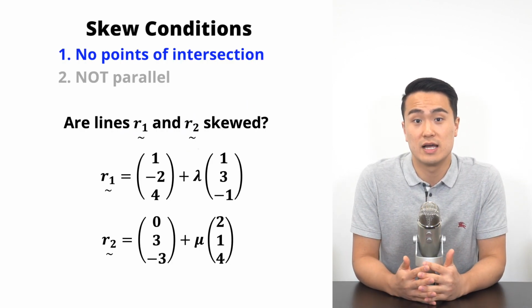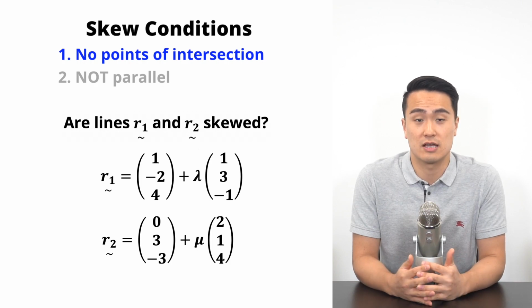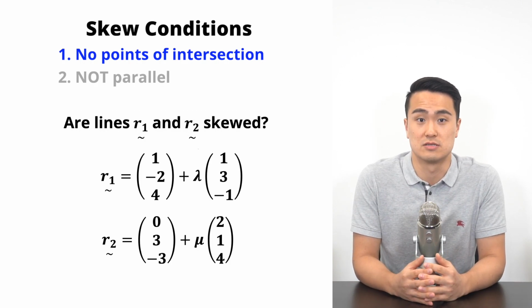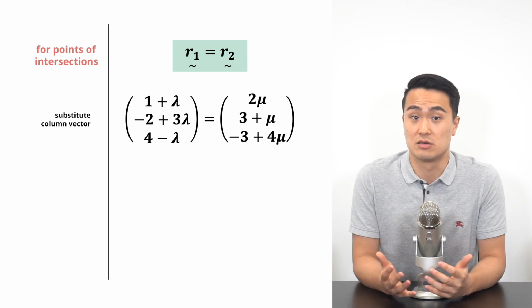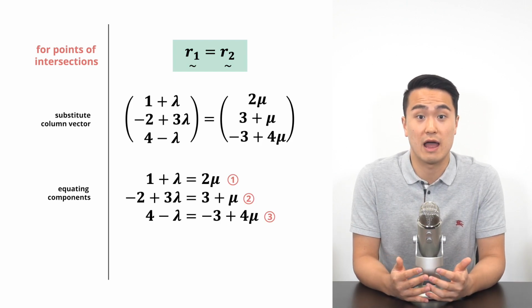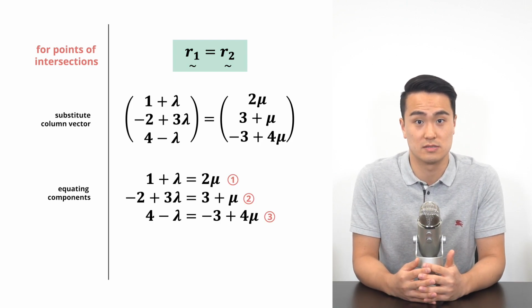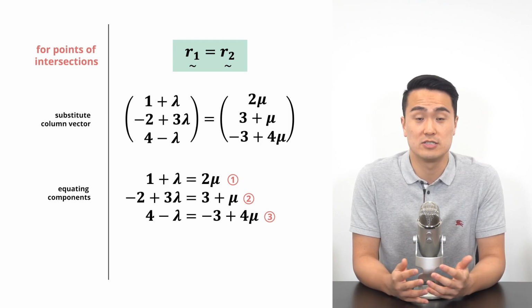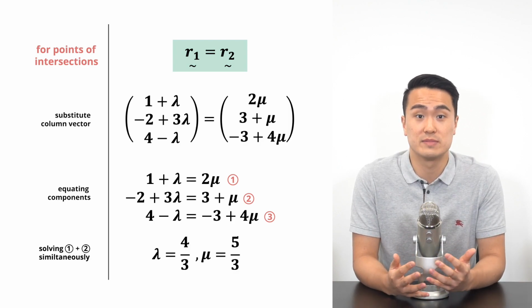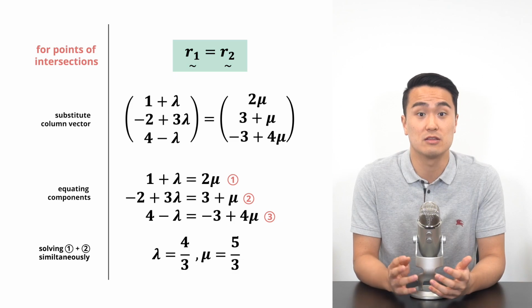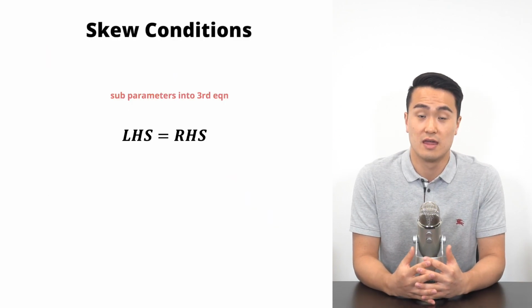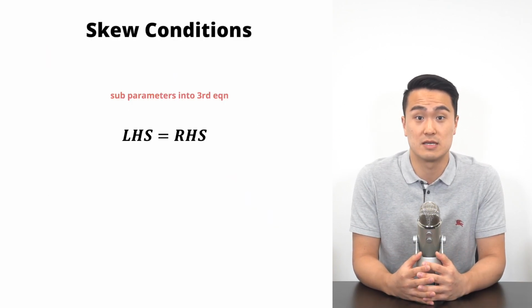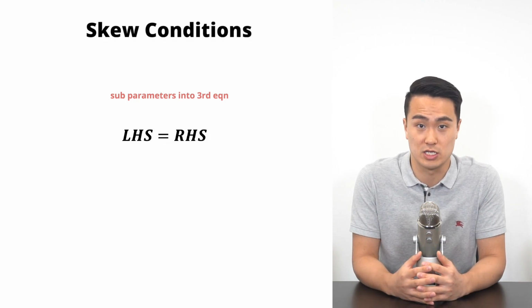To check if two lines are skew, we first need to check that they have no points of intersection. We again convert into column vectors, but now we will have 3 equations with 2 unknowns. Since we have more equations than unknowns, we solve lambda and mu simultaneously with 2 of the equations. Then we substitute the values of lambda and mu into our remaining third equation.